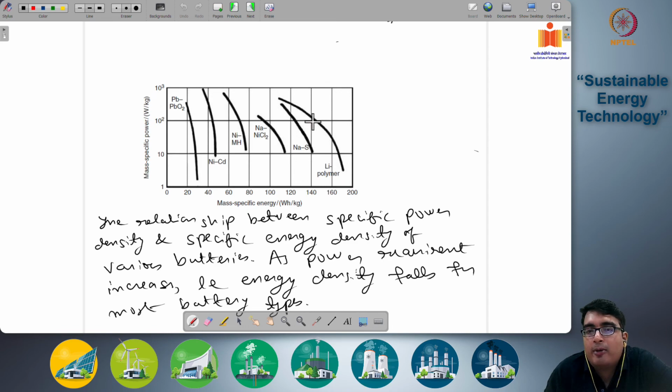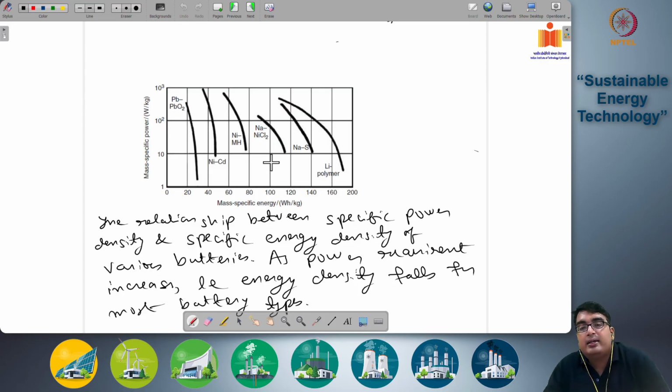Whereas when the power requirement increases to 100 watts per kg, the same battery's energy storage ability decreases to around 140, 145 watt hour per kg. So you see the large drop.